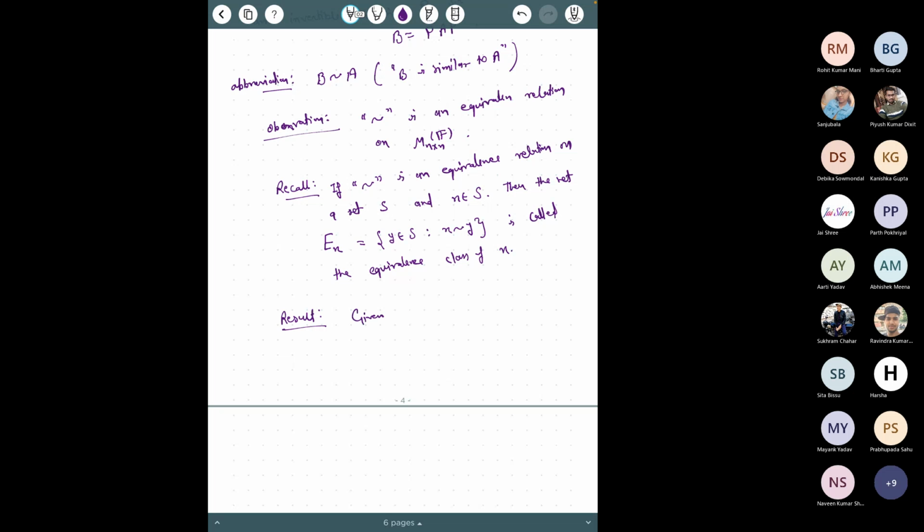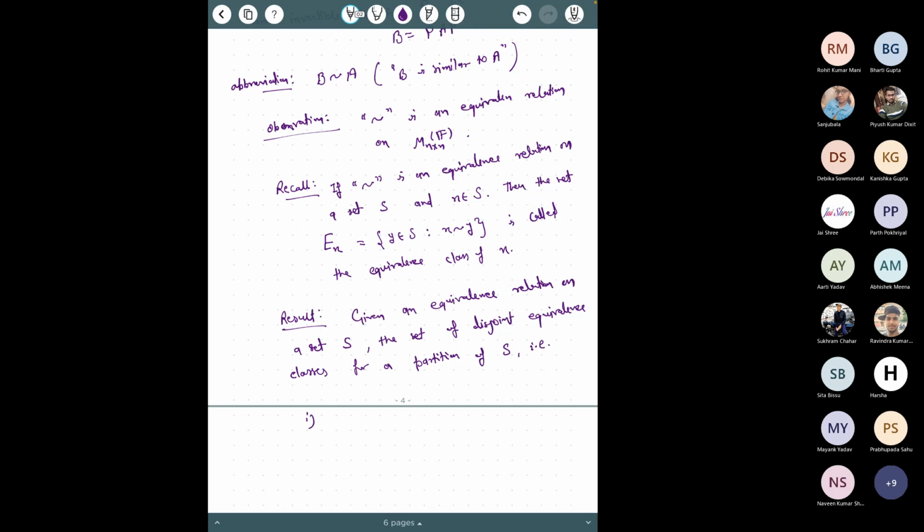Given an equivalence relation on a set, let's say S, the set of disjoint equivalence classes forms a partition of S.